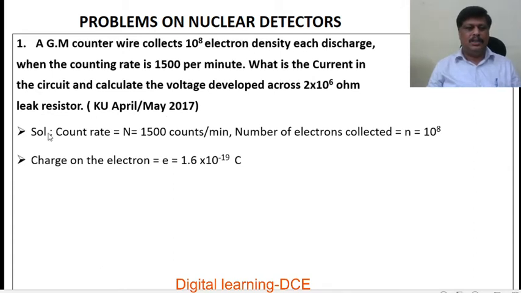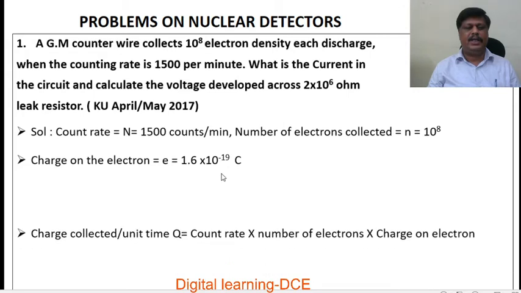Solution. They have given count rate. Let us take it as capital N, 1500 counts per minute, and also given number of electrons collected, 10 power 8, take it as small n, and also we know that charge on the electron e is equal to 1.6 into 10 power minus 19 coulomb.